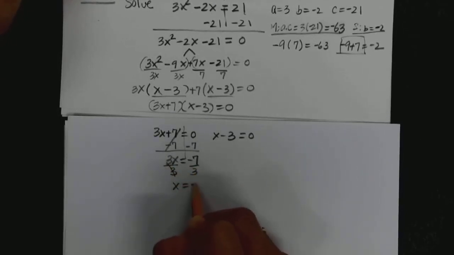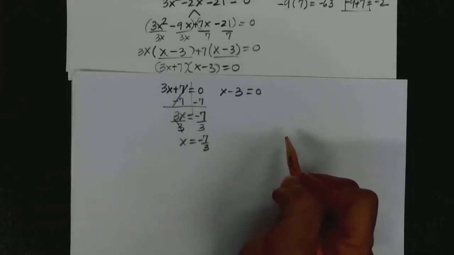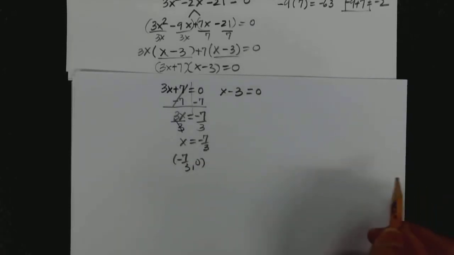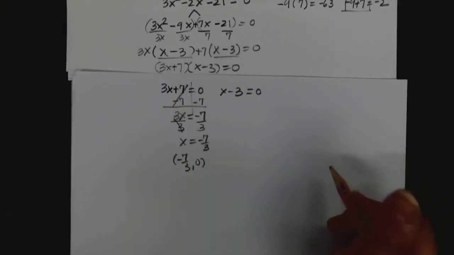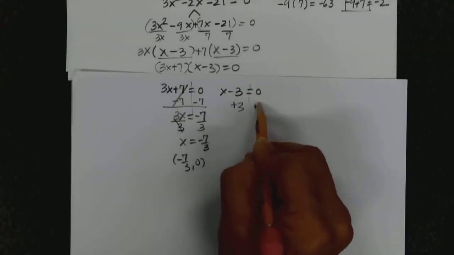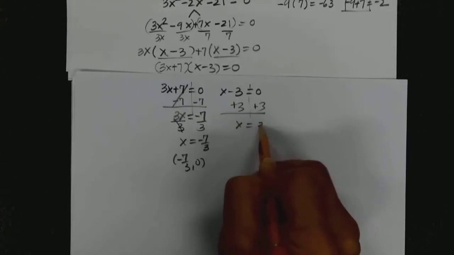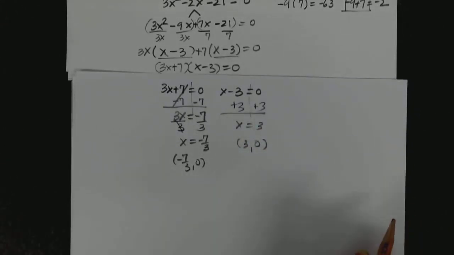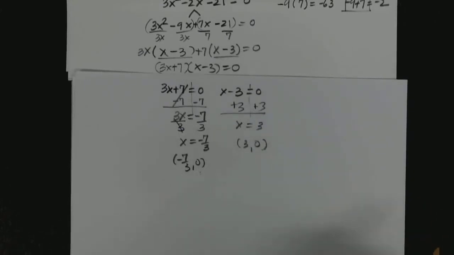So x is equal to negative 7 over 3, or negative 2 and 1/3. So negative 7 over 3, comma 0 is one of my x-intercepts. That's where the parabola goes through the x-axis. This one, add 3 to both sides. x equals 3. So 3, comma 0 is my other x-intercept, where the parabola crosses the x-axis. Any questions with those?